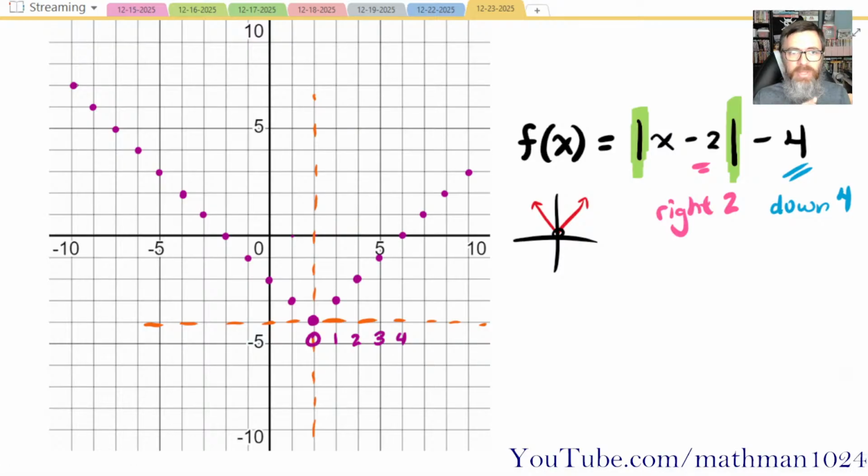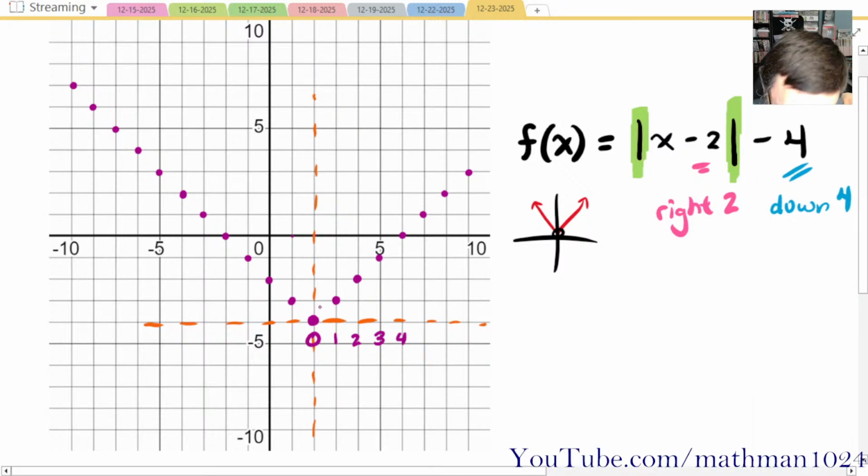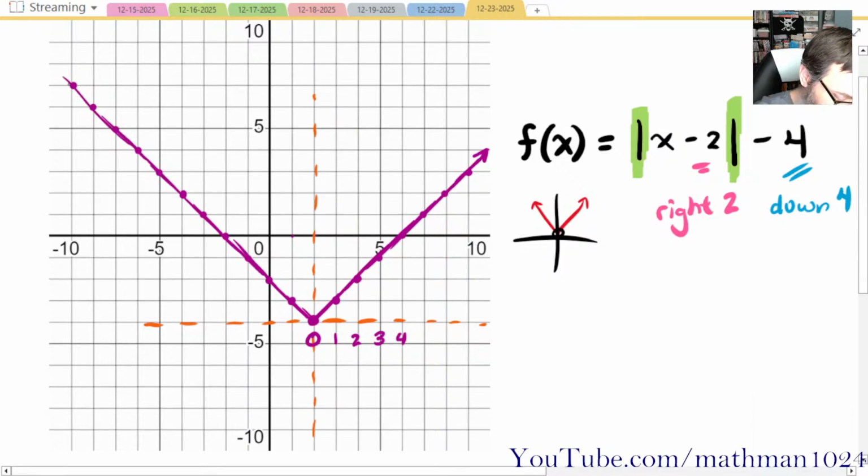The domain is going to be the set of all real numbers. So let's connect the dots, remembering that that vertex is going to be a sharp turn. It's not going to be a smooth curve like we would see for the parabola, for the squaring function. All right, so we connect these points, and this is our graph.